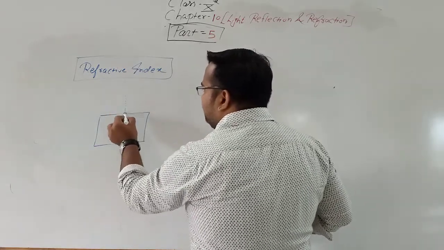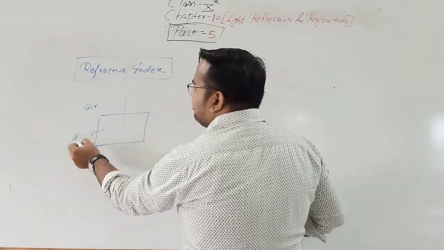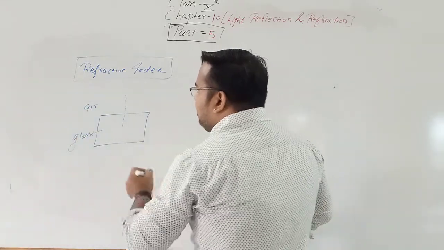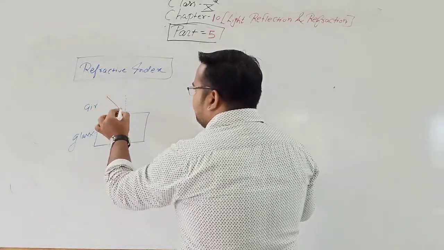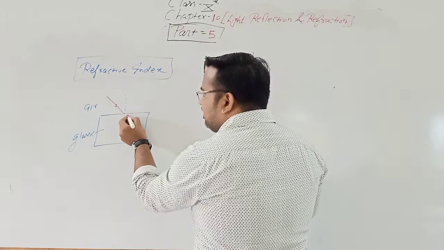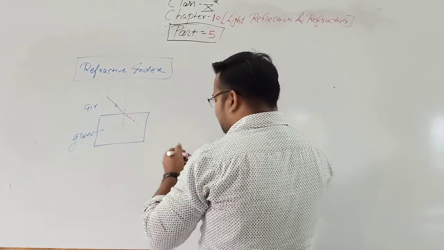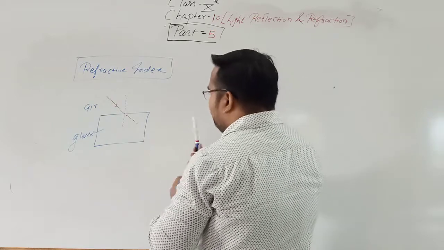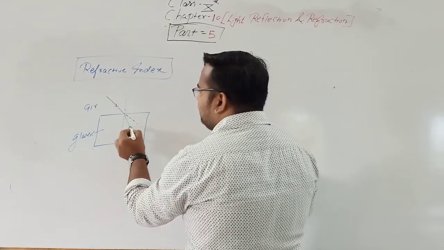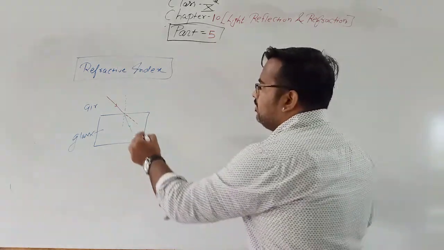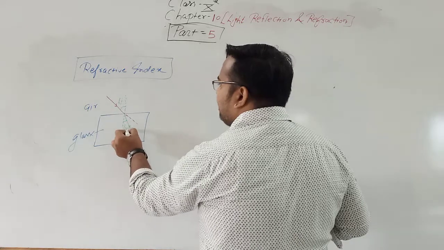This is the normal, air and this is glass. This is the angle of incidence. See, this is the original path, it should be followed, but the light ray bends towards the normal. This is the angle of incidence, this is the angle of refraction.